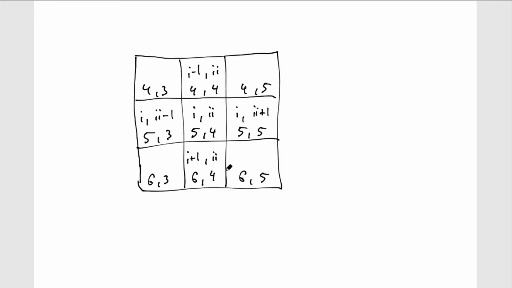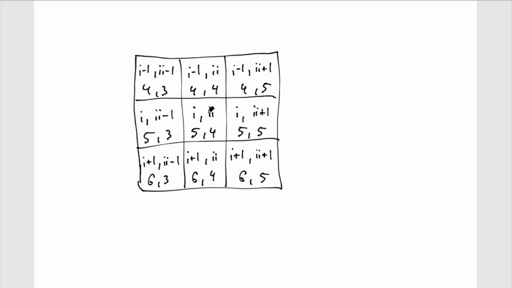And then we have these 4 cases here. So in this case, both are minus 1, I minus 1, II minus 1. Here both are plus 1, I plus 1, II plus 1. And here we have I minus 1 and II plus 1. And correspondingly here we have I plus 1, but II minus 1. So these are all allowable cells.